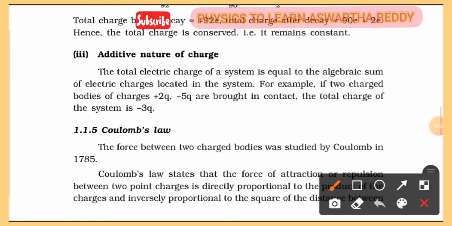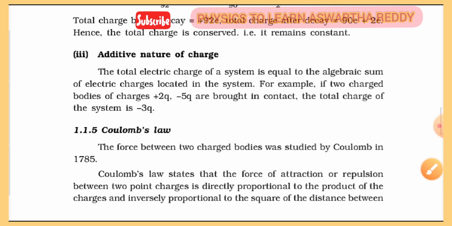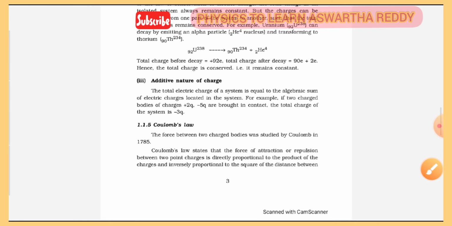Next one is the additive nature of charge. The total electric charge of a system is equal to the algebraic sum of the electric charges located in the system. For example, two charged bodies of charge plus 2q and minus 5q are brought in contact. The total charge of the system is minus 3q. For this, we can take one example.